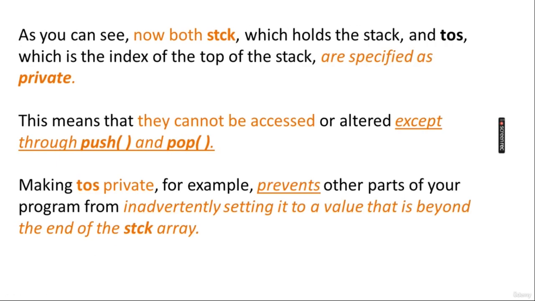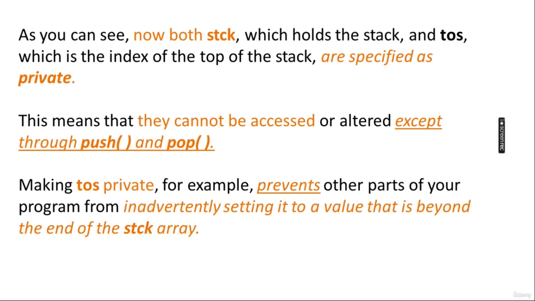As you can see, both stack, which holds the stack, and top of stack, which is the index of the stack, are specified as private members. This means that they cannot be accessed or altered except through push and pop. So push and pop are the only functions which can directly access these two data members.